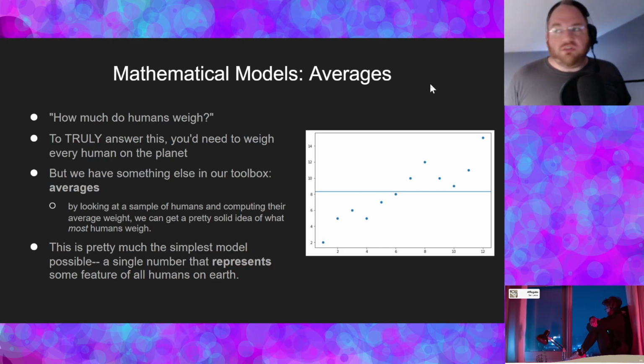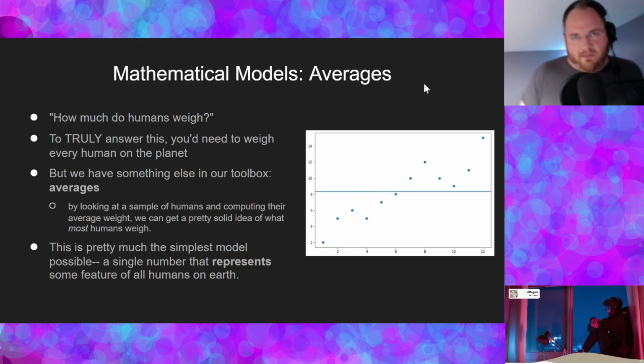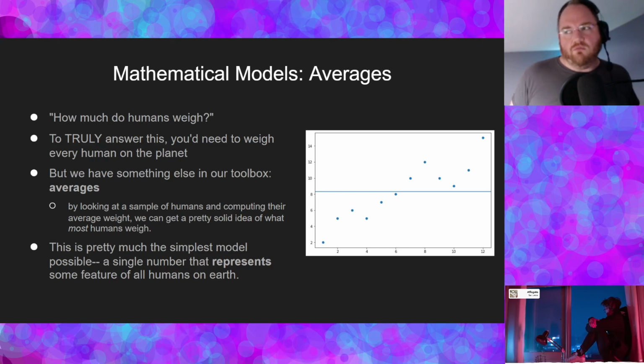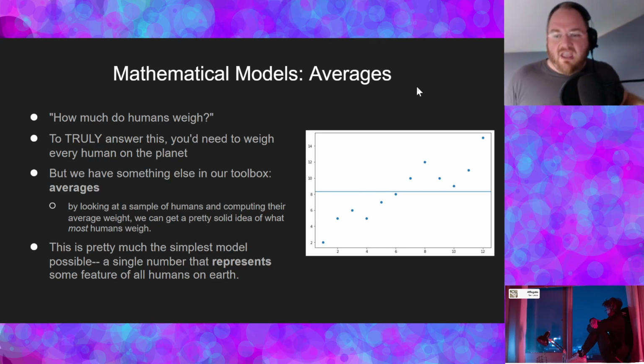The only true answer to that question is you have to weigh every human on the planet and figure it out, right? But we have something in our toolbox that we use all the time. You don't need to know every human's weight to get a useful prediction about what human weights are likely to be, right? So by looking at a sample of humans and computing their average weight, we can get a solid idea of how much most humans weigh.